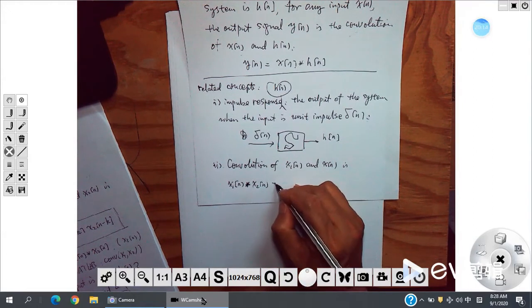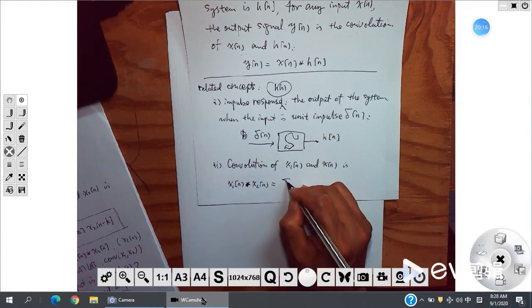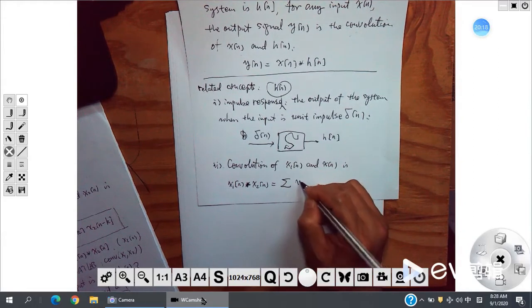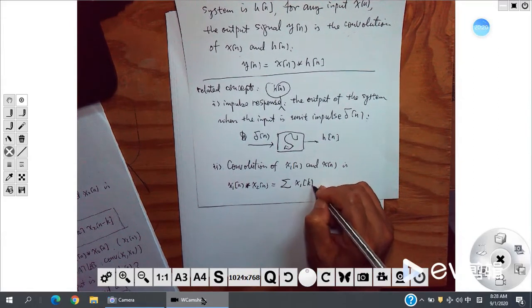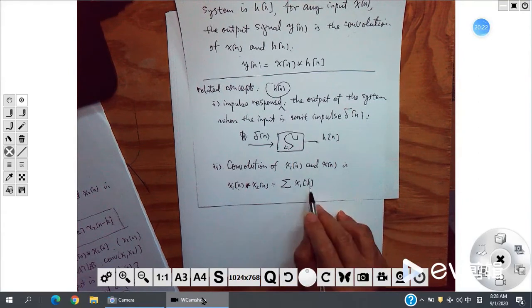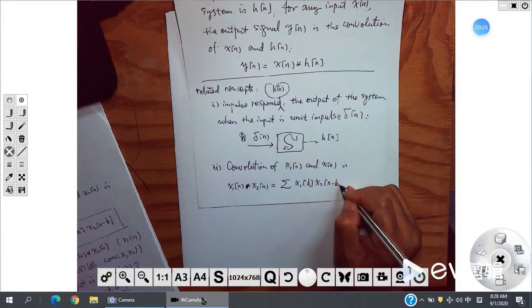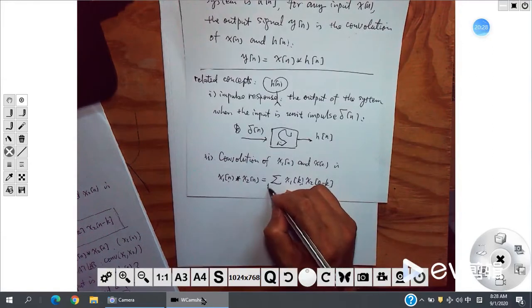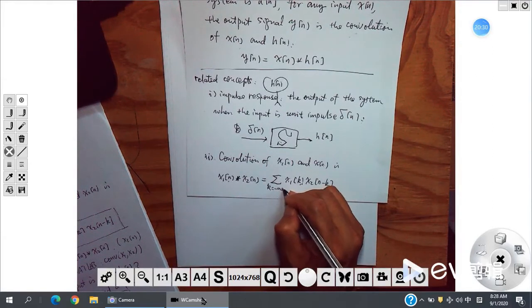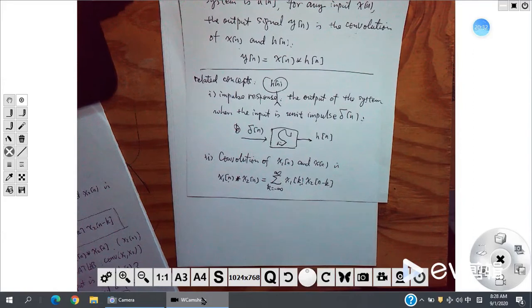What is this? The formula is like this: the summation of x1 of k, not n, here it's k, times x2 of n minus k, and summation over all the k's. It's a kind of operation, right?